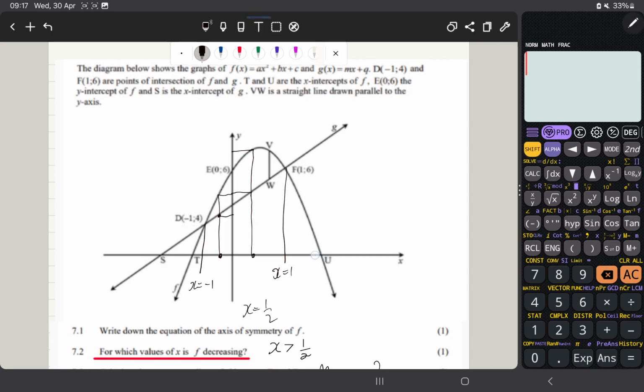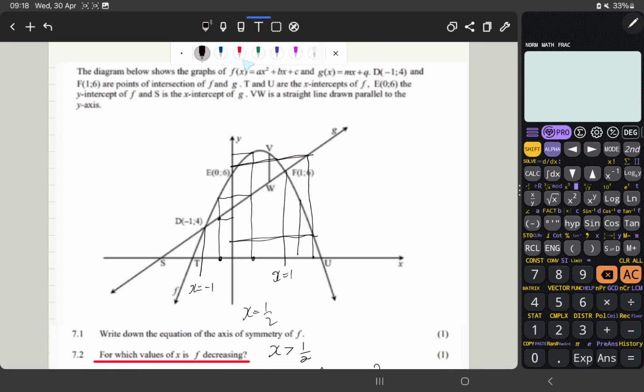Let's pick maybe this x value and go up. The y value for f is this, but for g it's this y value.